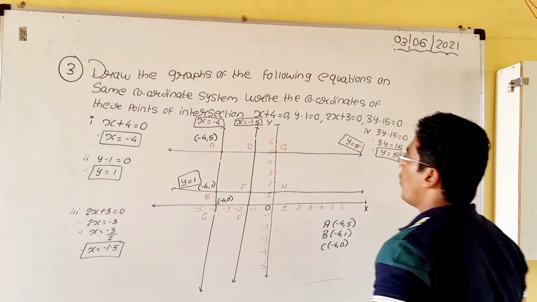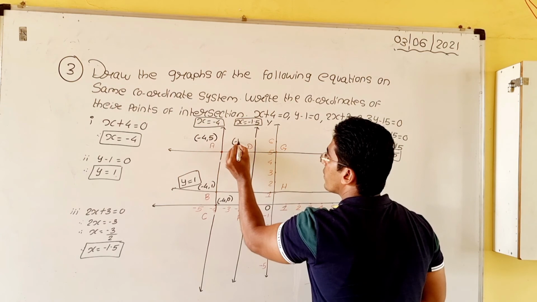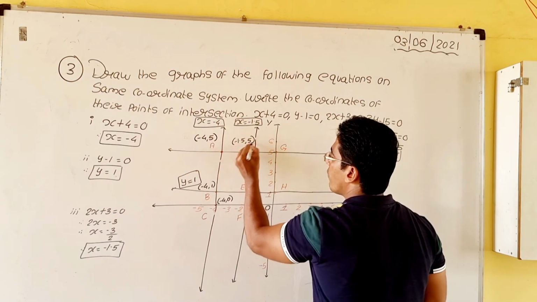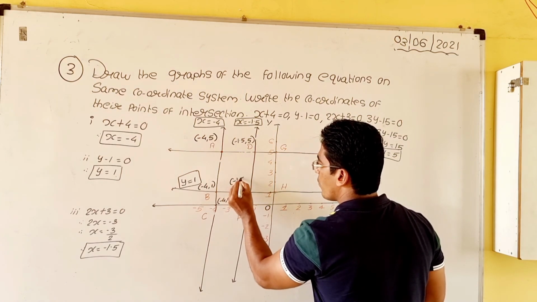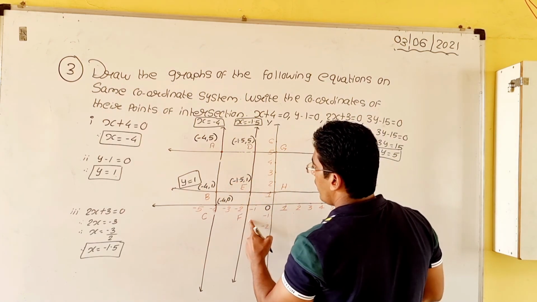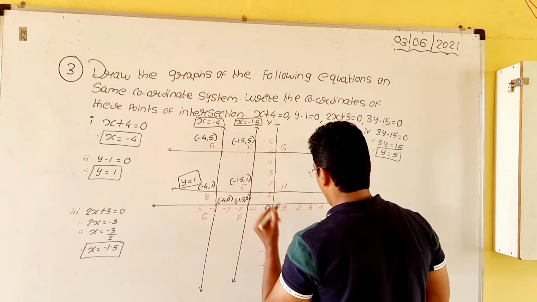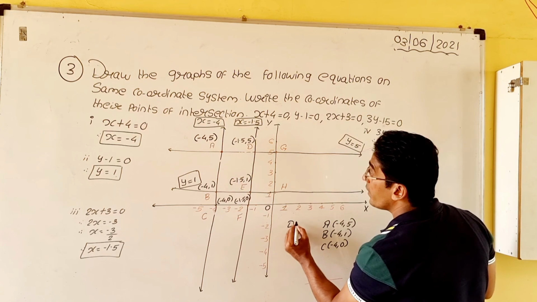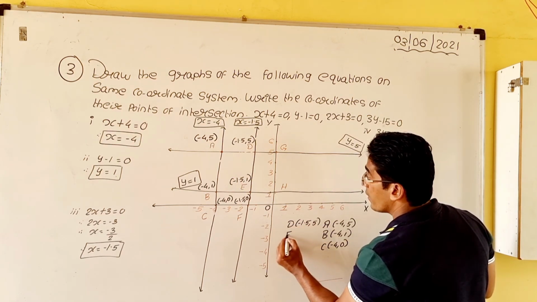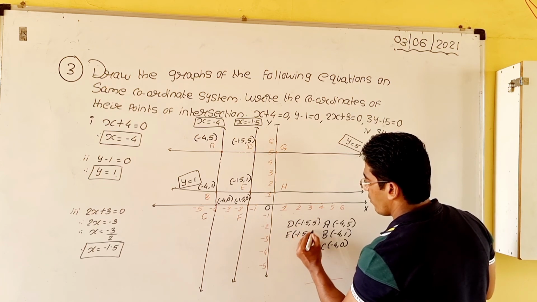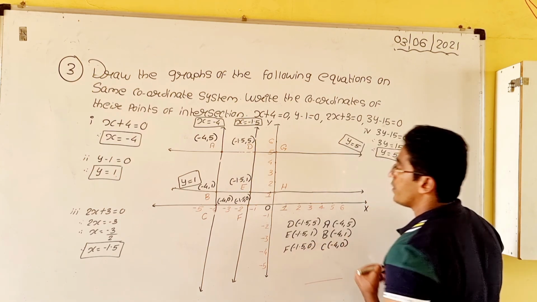Now let's talk about point D. D is minus 1.5, comma 5. E is minus 1.5, comma 1. F is minus 1.5, comma 0.